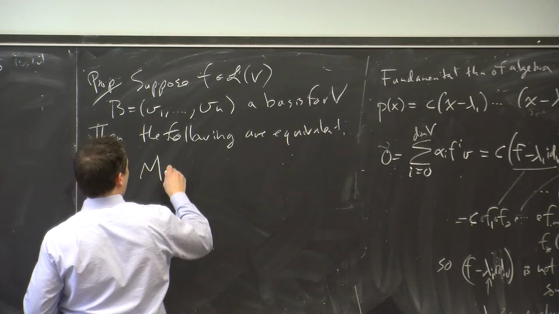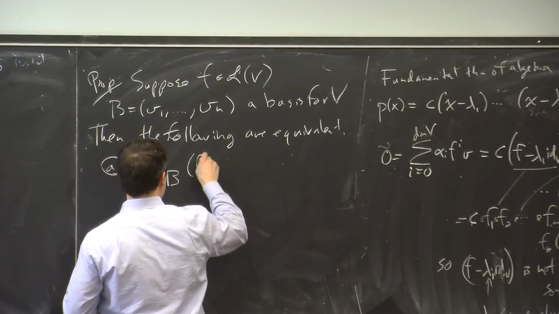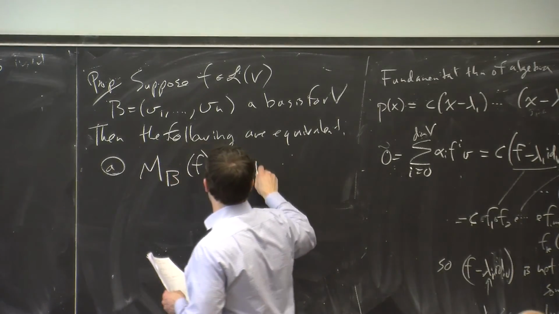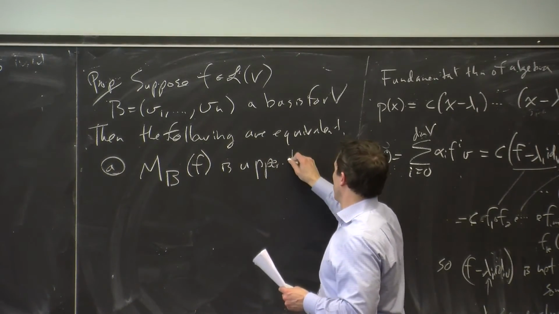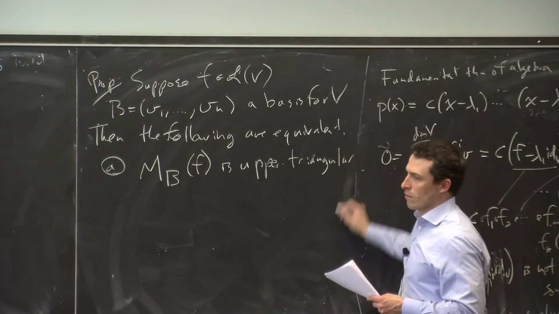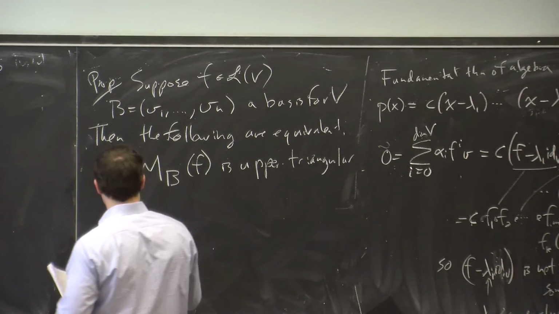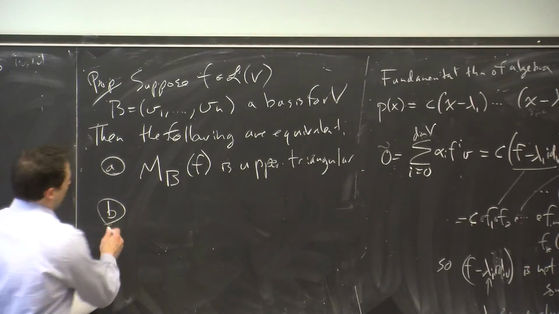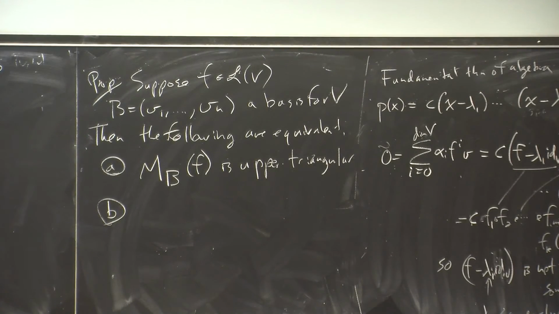First, the matrix in the basis B for F is upper triangular, meaning this definition.